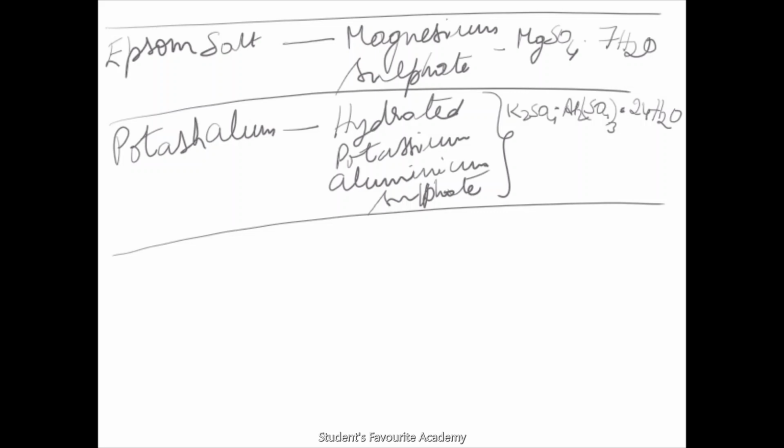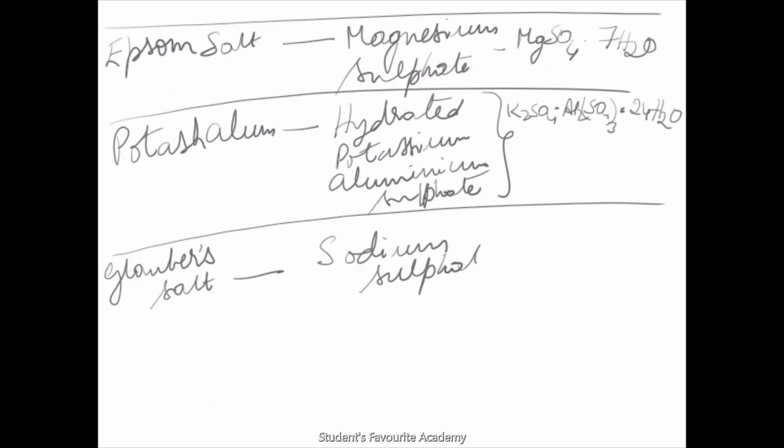Then you have Glauber's salt, that is the common name. The chemical name for Glauber's salt is sodium sulfate, and the formula is Na2SO4.10H2O.